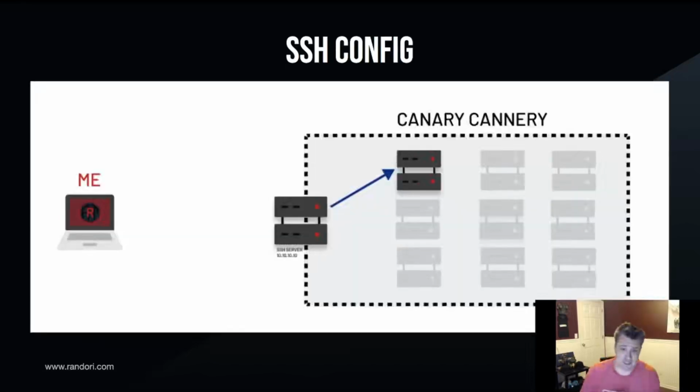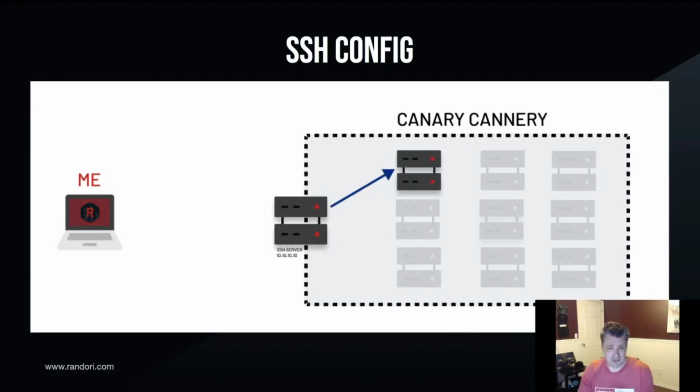So let's use SSH config to do something cool. Let's say that I know Bob is going to log into this SSH server, or from this SSH server to another system on that Canary network.